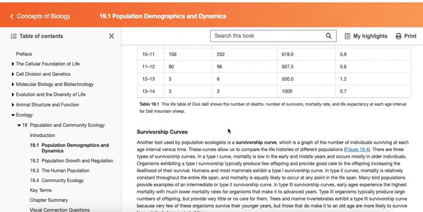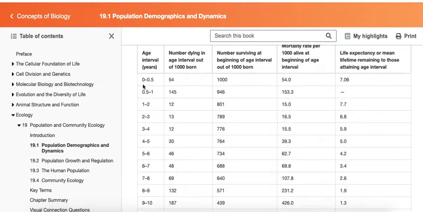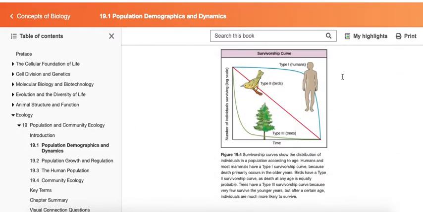Yeah, Dall mountain sheep. Okay, so on this table, individuals that were 0 to 6 months old, if they survived, then the ones that survived the first 6 months of their life had an average lifespan of about 7 years. So it's just interesting as you look at that.